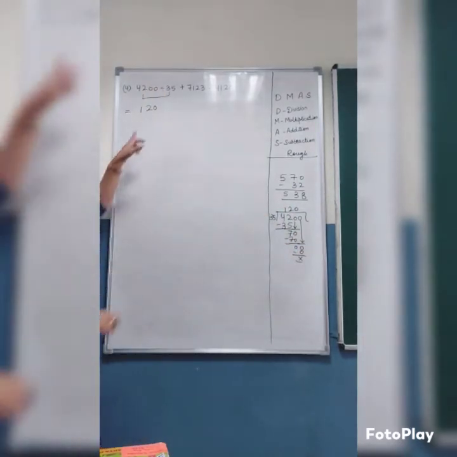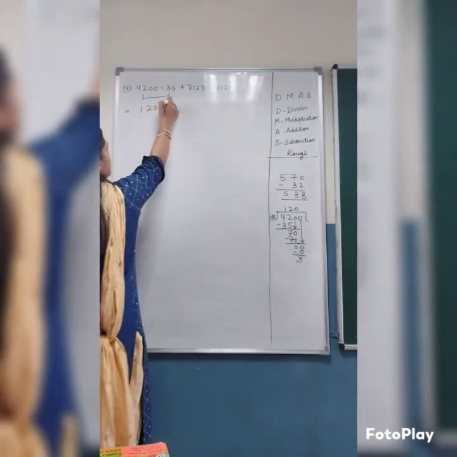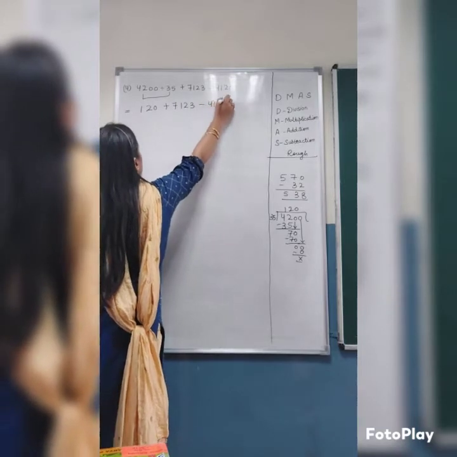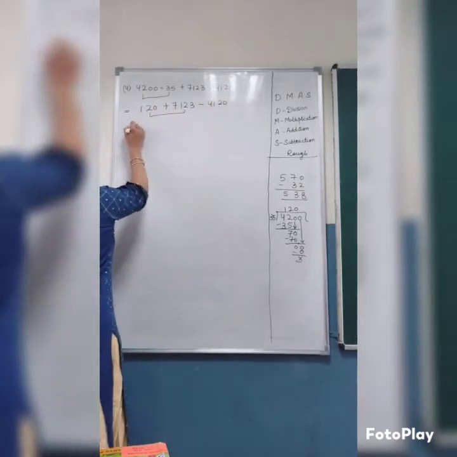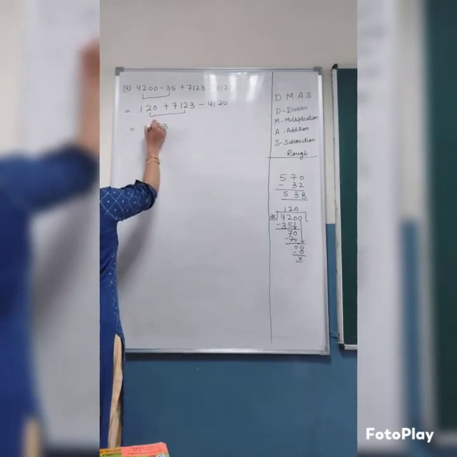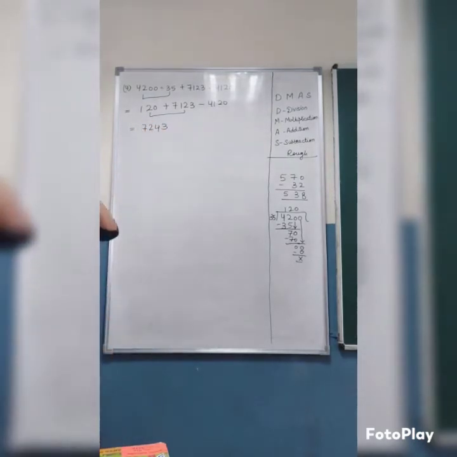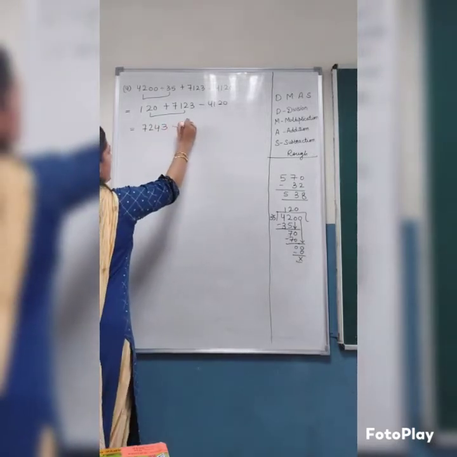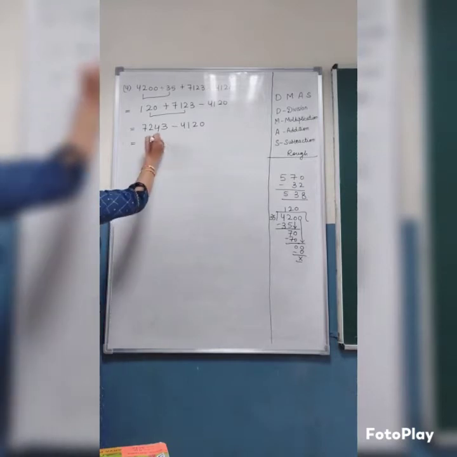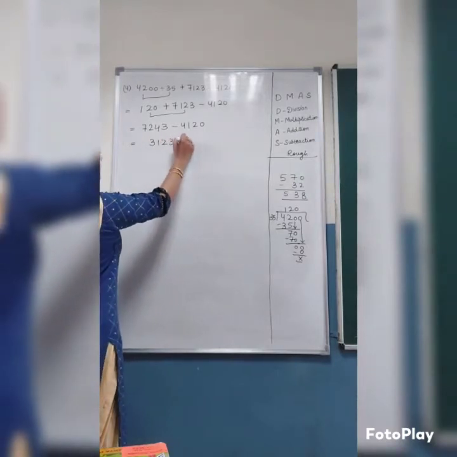Then we add 7123 and get 7243. Now subtract 4120. We get 3123.